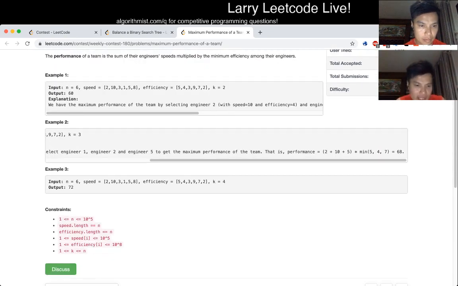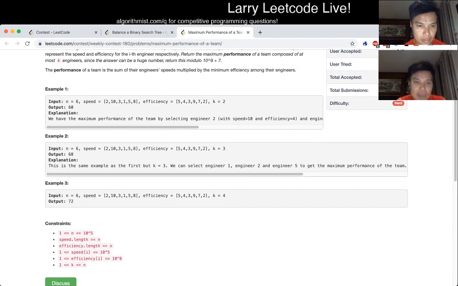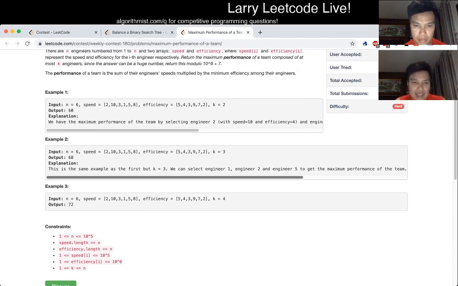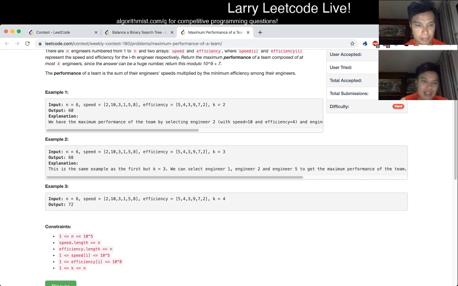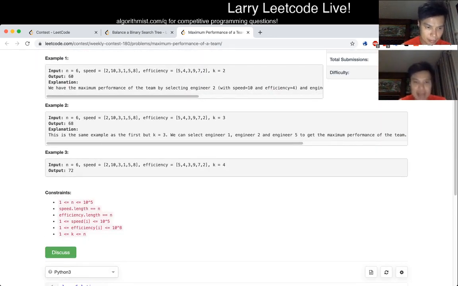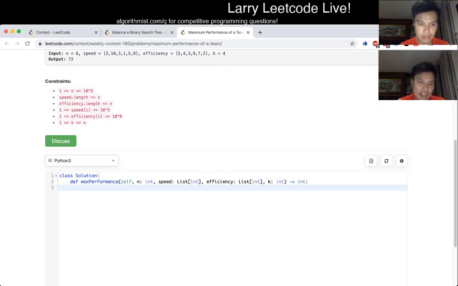I spent a couple of minutes thinking along those lines, trying to think about the invariance of the problem and figure it out. I looked at the second example and tried to figure out whether the k equals 3 solution builds on top of the k equals 2 solution.